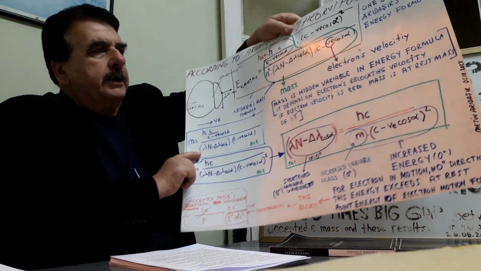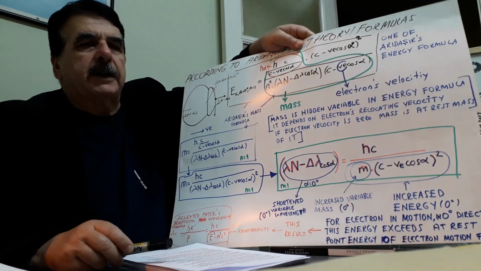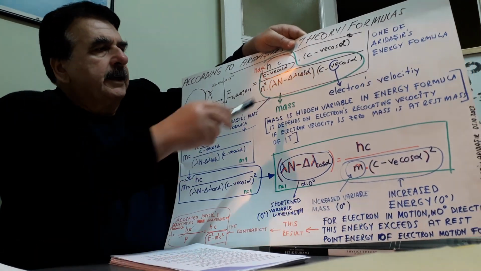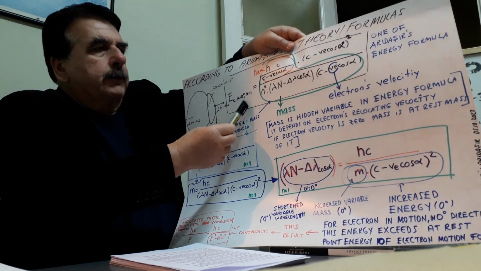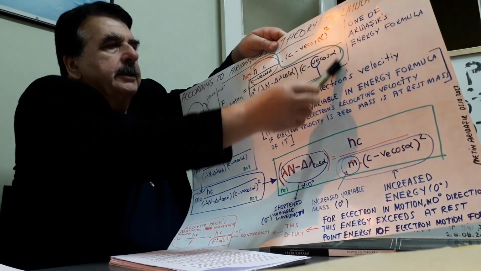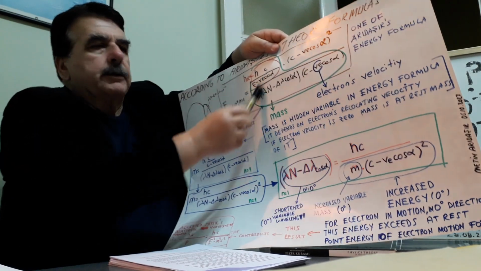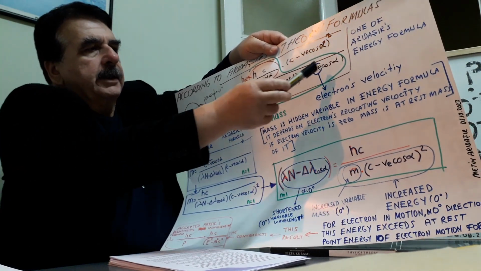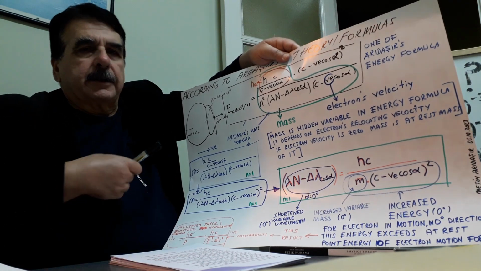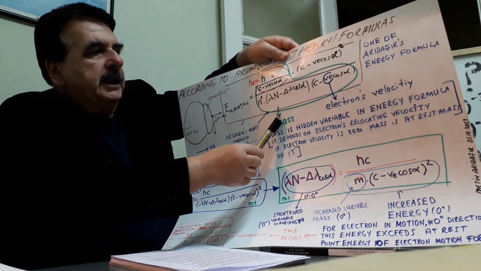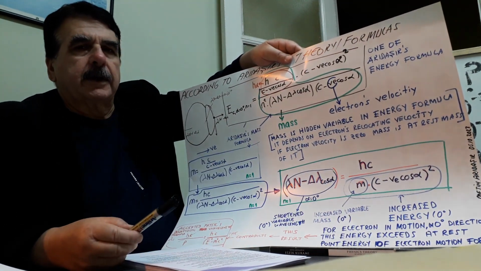According to my theory and my formulas, here is one of my energy formulas, and this is energy formula that I put forth, and inside of hidden mass formula that I put forth, if electron motion form is in motion, this mass of course will change.